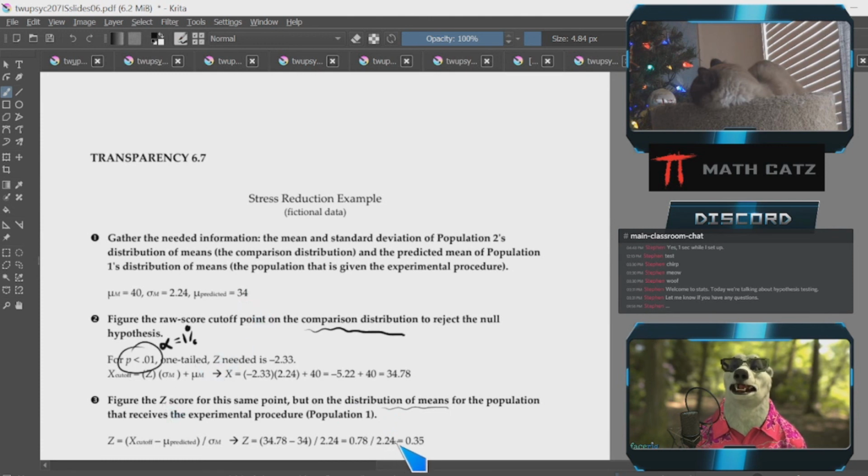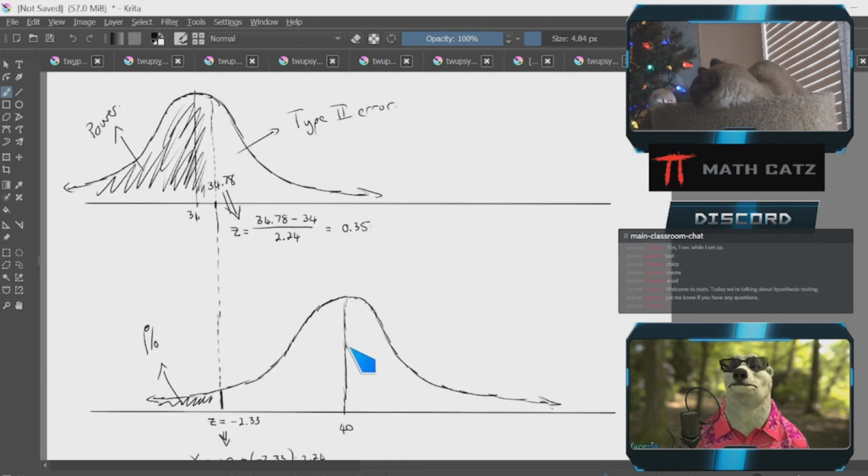We then get the z-score so that we can look up in our tables either one of these areas, honestly. In this case, the area is going to be simpler if I focus on the type 2 error.